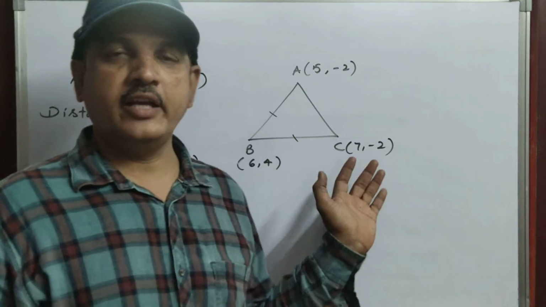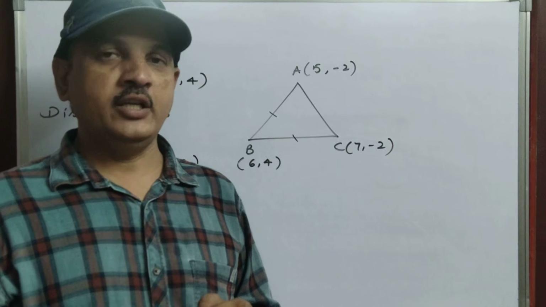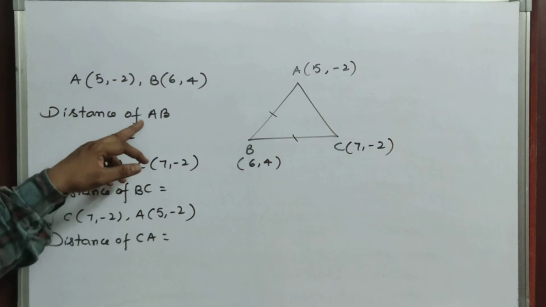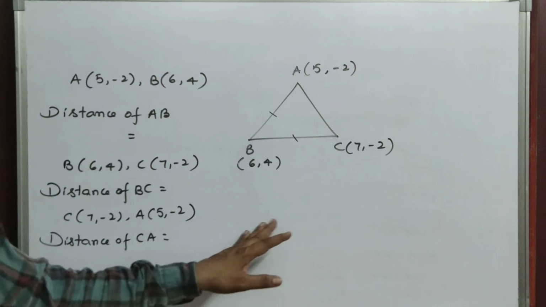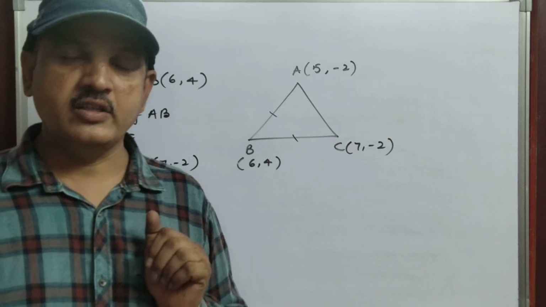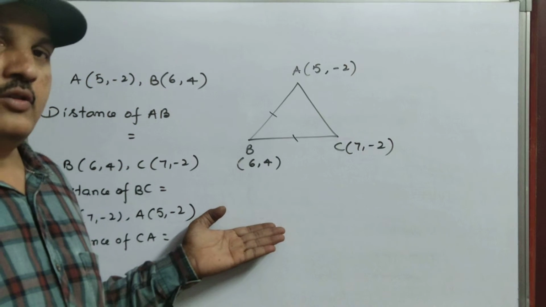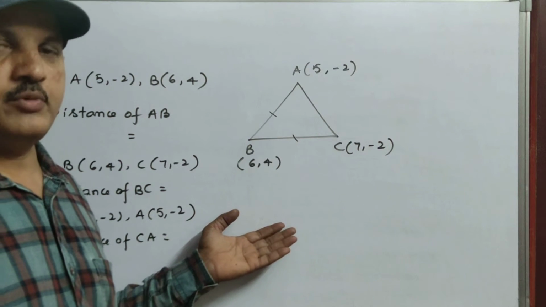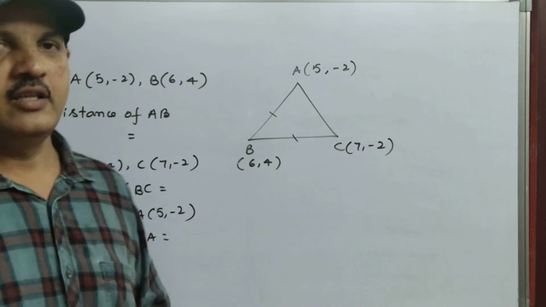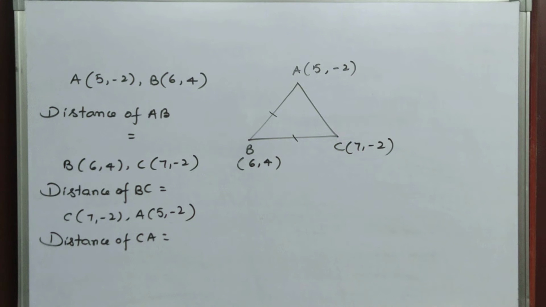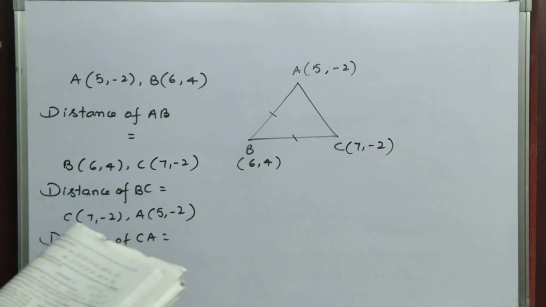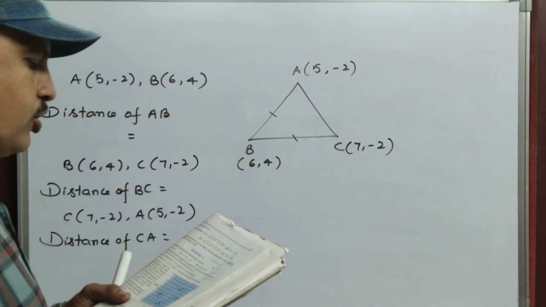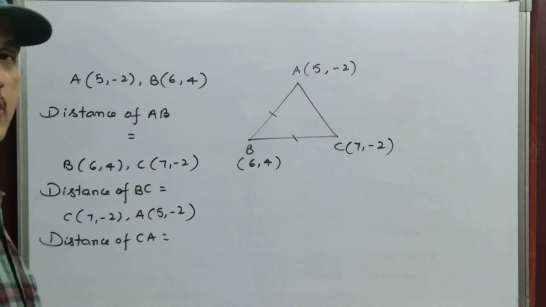But at the end of the solution, what you have to write is, suppose these two are equal, that means write distance of AB equals distance of BC, because those two sides are equal. Then write the given points A, B, C. The question is asking, check whether (5, -2), (6, 4) and (7, -2) are the vertices of an isosceles triangle.